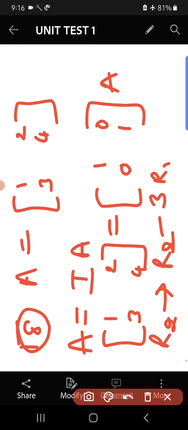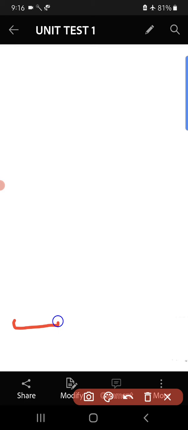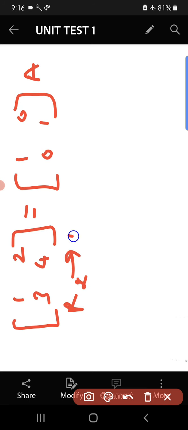Okay, step by step I will show it. So here is IA. So what is my first operation? I am going to change the second row by subtracting 3 times the elements of the first row.